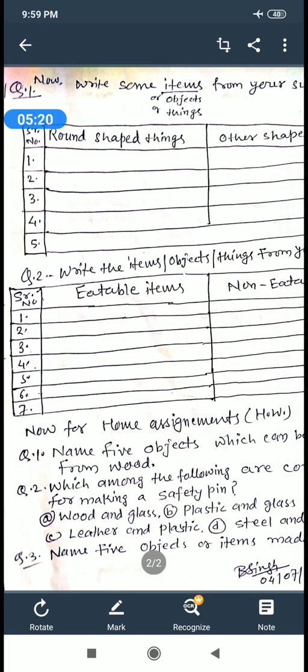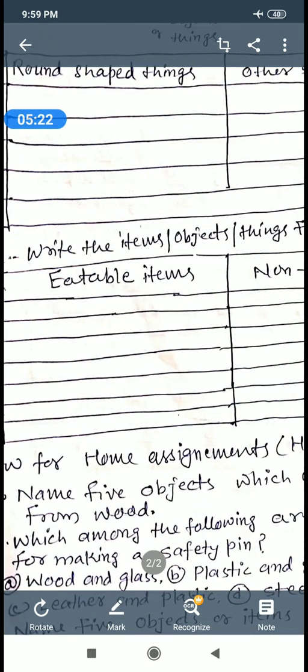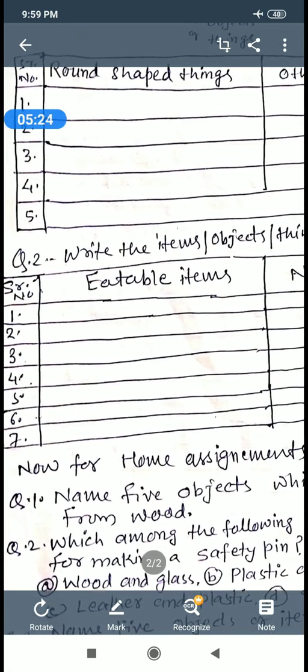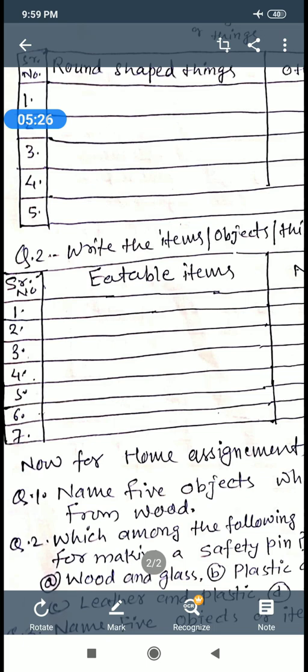The next question for you: during the class, you eat many items after buying them from shops and at your home. Write down items after making the columns.